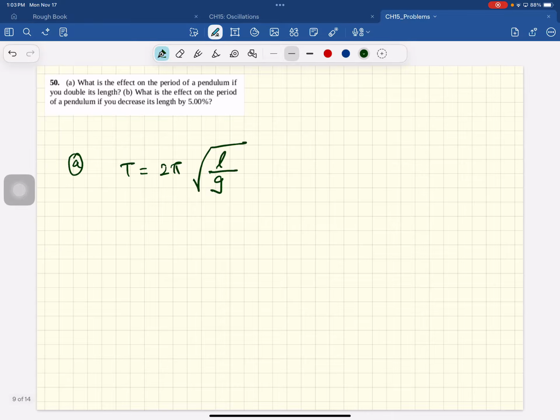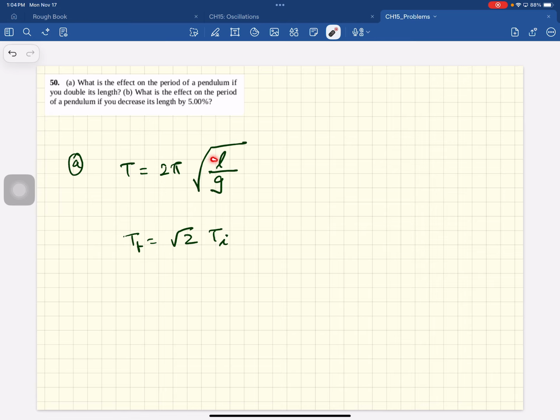The final period will be square root of 2 times the initial period. Did you guys understand that? If you double the length, all you get is a factor of root 2 in front. Everybody understand that?